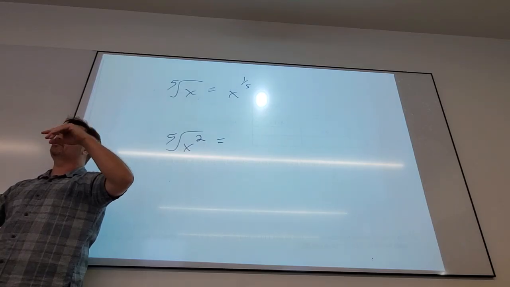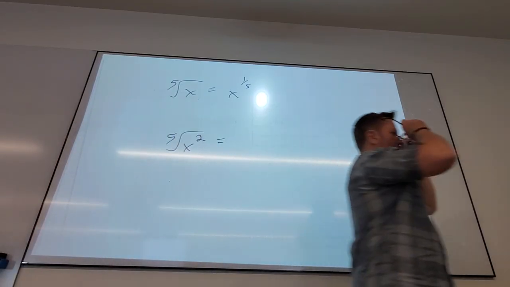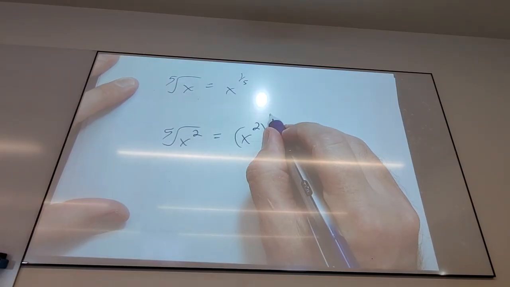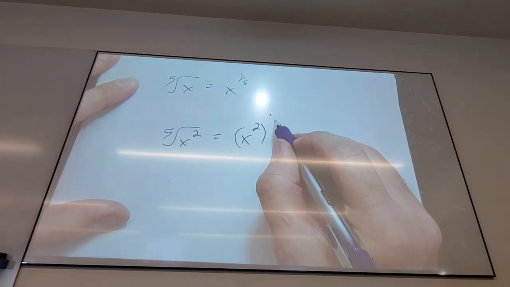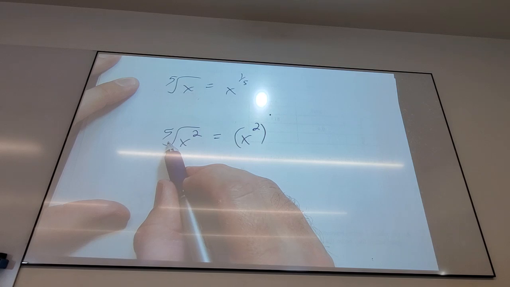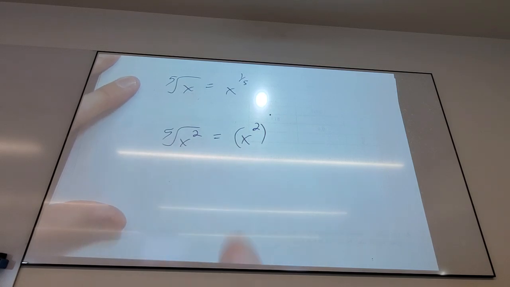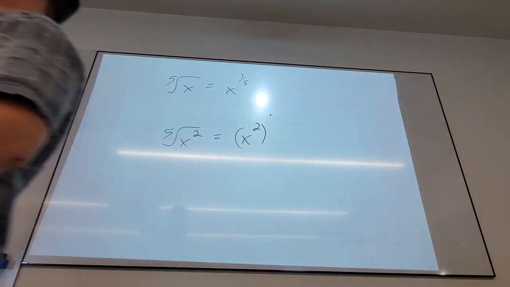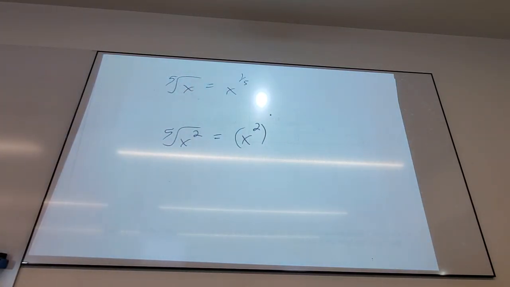How do we do the 5th root of anything? I could rewrite it as a what power? We just did it. Fifth root. The fifth root wants to cut things in how many parts? 5. So fifth root of anything in the universe, I could rewrite it as that thing to the 1/5 power. They mean the same thing.